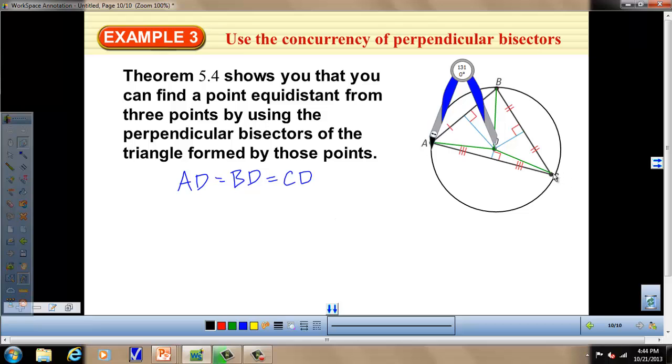It should be right on C and right on B and right on A. So if we look at it carefully, we can state that those three lengths are the same.